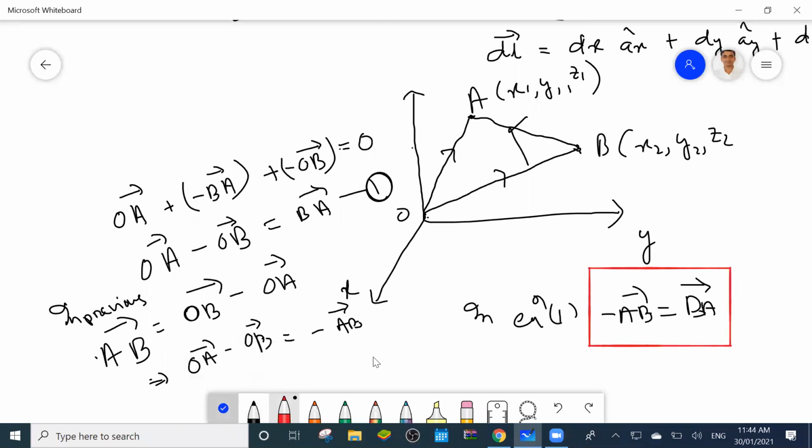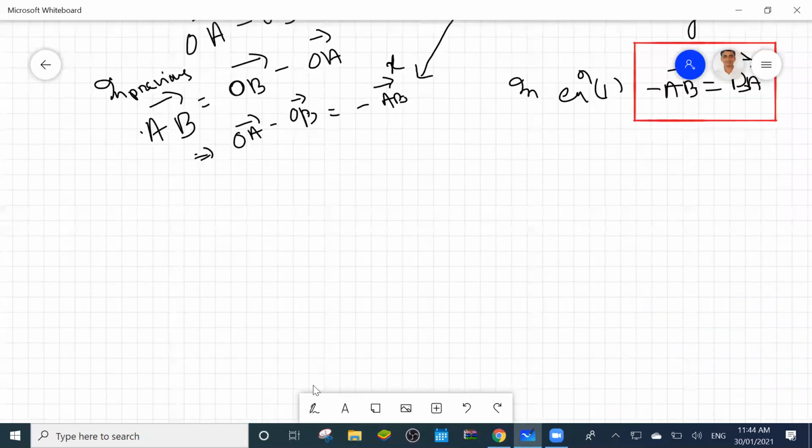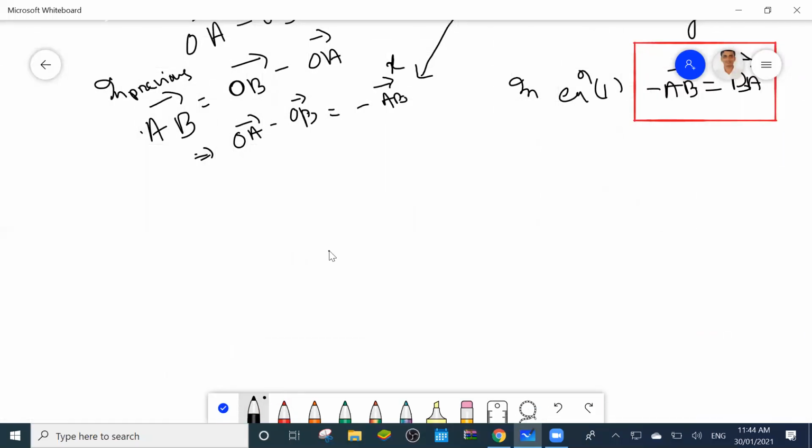So now if you find the BA vector in the second diagram, what is the vector? OA, this is the second point, then OB. So this value you know.